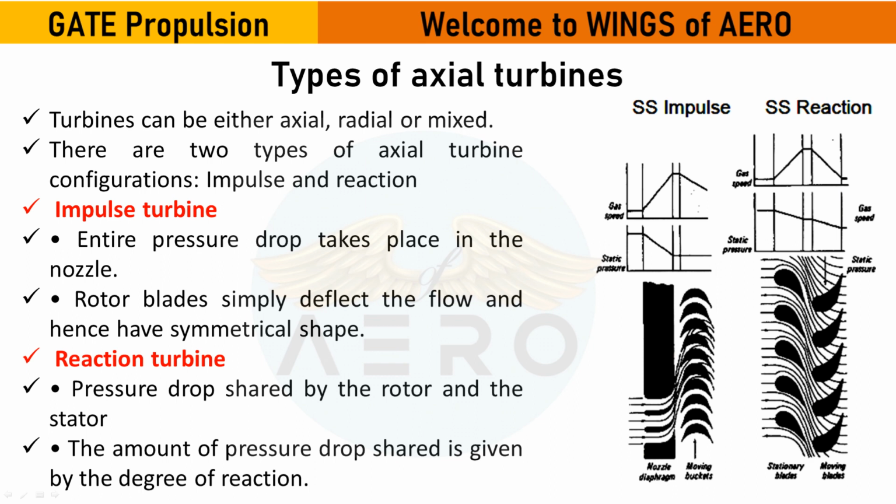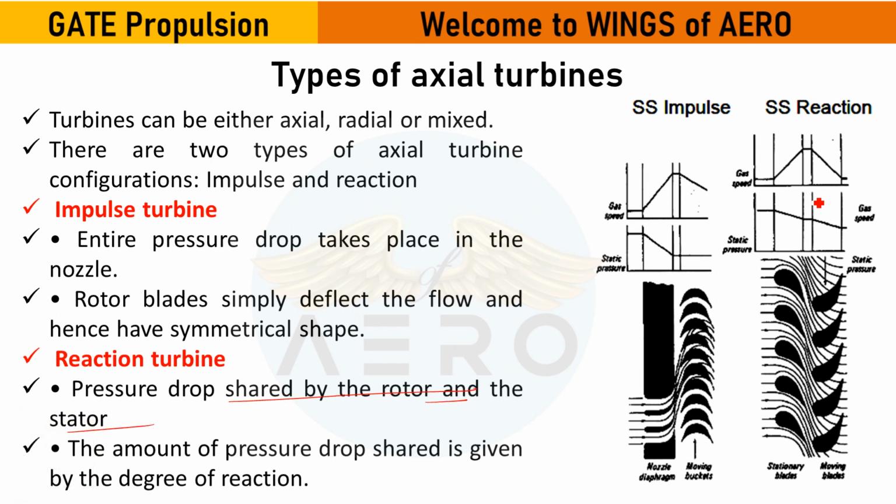Fine. Let's first see the definition and then we will go to the figure. The next type is the reaction turbine. What happens here? The pressure drop is shared by the rotor and the stator.